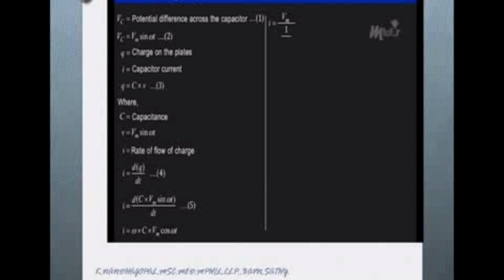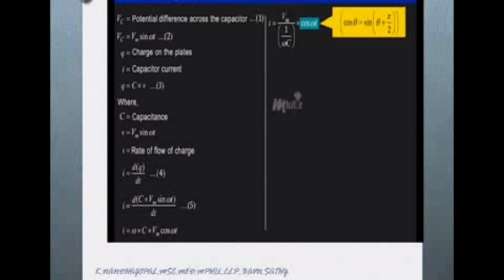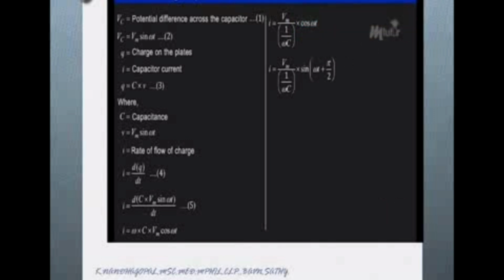So I equals Vm by 1 by omega C, into cos omega t. Here also we have to convert cos theta into sin theta. So cos theta equals sin of theta plus pi by 2. So I equals Vm by 1 by omega C into sin of omega t plus pi by 2. Again we are going to write I in the same format, I equals I0 sin omega t.